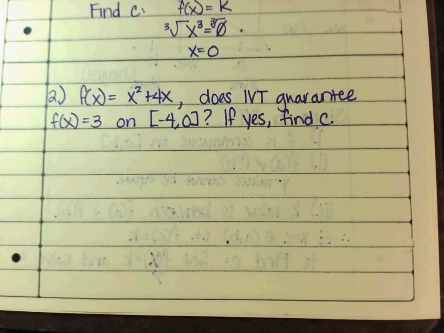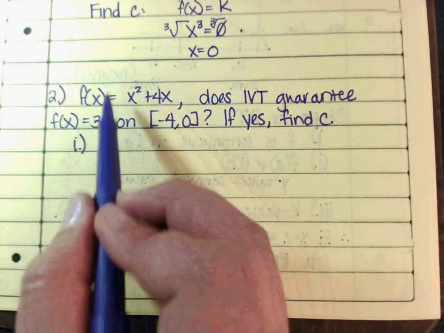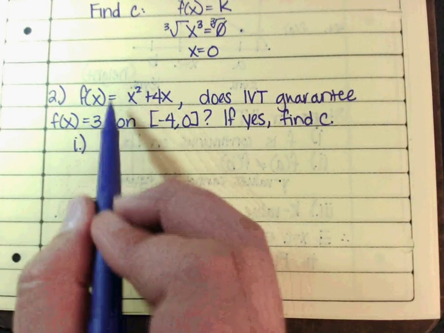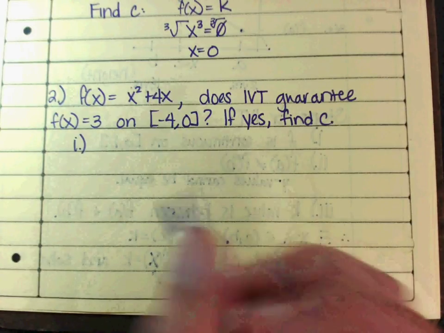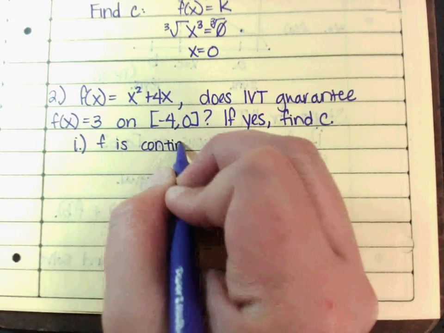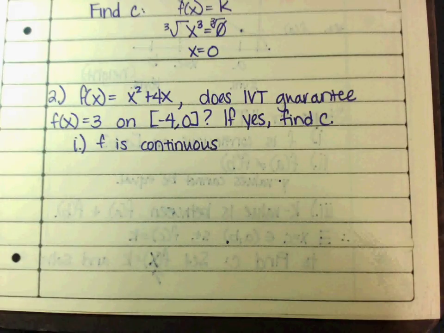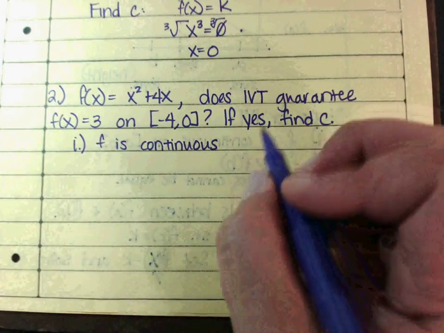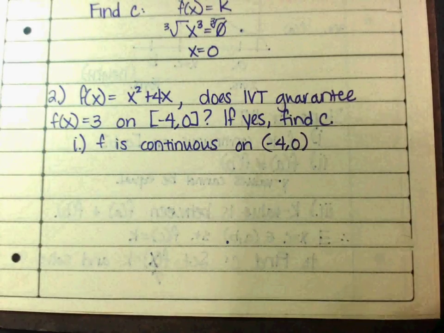What's step number 1? Okay, we have to check if it's continuous. Think about the shape. What shape is x squared plus 4x? Our parabola is continuous? Yes. So f is continuous. Now, you could say for all real numbers, but where does it only have to be continuous? On negative 4 to 0. Oops, make these closed.